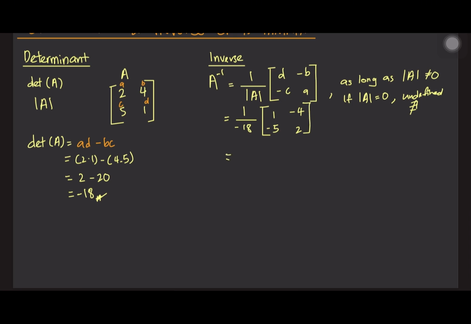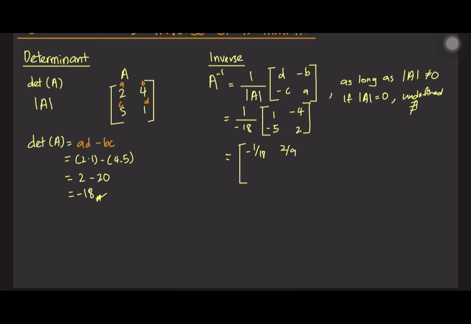Then using what we learned in the previous video on scalar multiplications, I suggest you check it out, our answer will be negative 1 over 18 times the matrix. 1 divided by negative 18 is negative 1 over 18. Negative 4 divided by negative 18, we get 2 over 9, simplified.